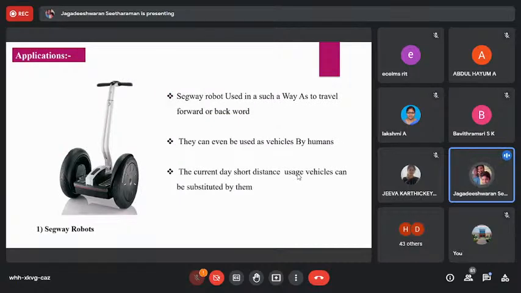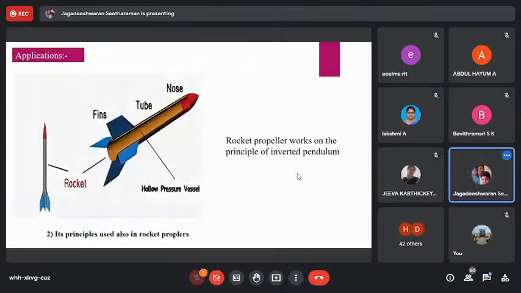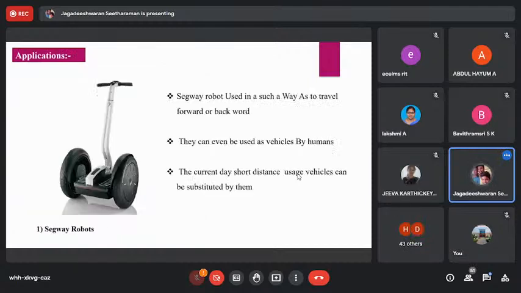They can be used as vehicles by humans. In the current day, short-distance usage vehicles can be substituted by them. These vehicles can balance themselves sideways whenever the rider loses balance. It can decrease road accidents, right?